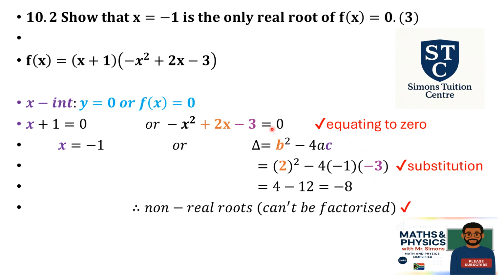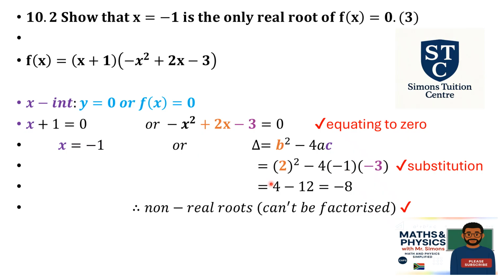Then I'm going to use the discriminant because they said only one real root. So I have to test whether my discriminant is negative. All right, so b is plus 2. So plus 2 squared, minus 4, my a value being negative 1. Please, the sign must go in. And my c value being minus 3. That gives me negative 4 times negative 1, which is positive 4.